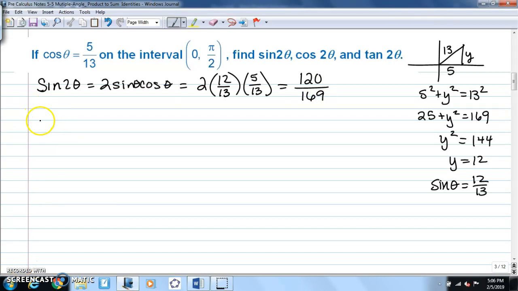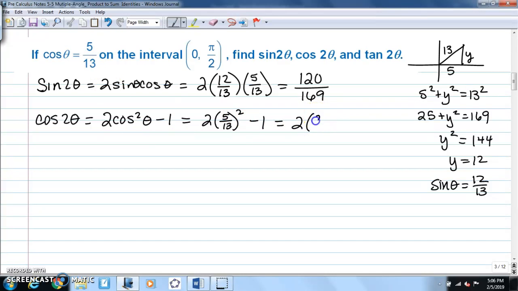Okay, so now cosine of 2 theta equals, again, you can choose which one you want, any of those, but I already have cosine, so maybe I'll do 2 cosine squared minus 1. But it does not matter, you can use any of those because we actually have sine there too. So 2 times, well, cosine is 5/13, so we square it, minus 1.